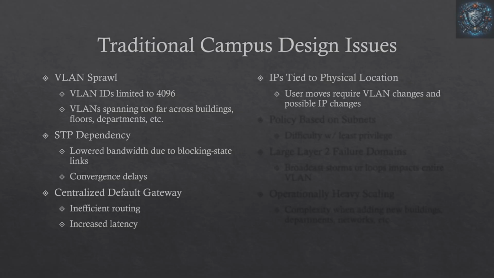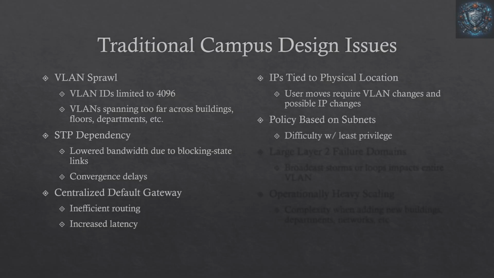The issue with that is if that VLAN is quote unquote full, or if that DHCP reservation pool doesn't have enough space to accommodate that move, then that user is either unable to make the move or other configuration changes have to be made to increase the size of that DHCP pool or create a new VLAN. But the IP being tied to a physical location is definitely a problem that came along with that traditional campus design.